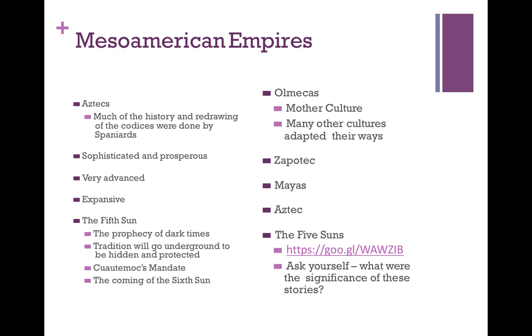And most of the history that we are able to get from these cultures is actually saved in the form of codices, and they were made by the Spaniards, who asked a few Mexica people to tell their stories and recorded them.